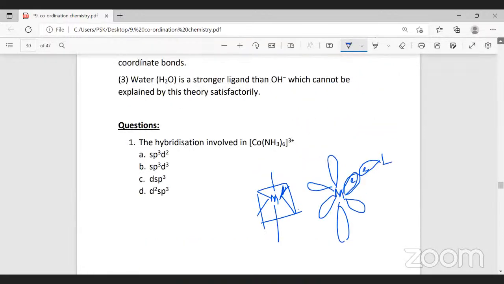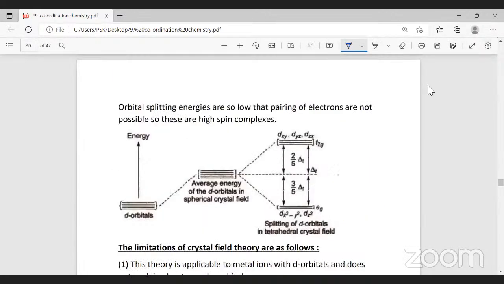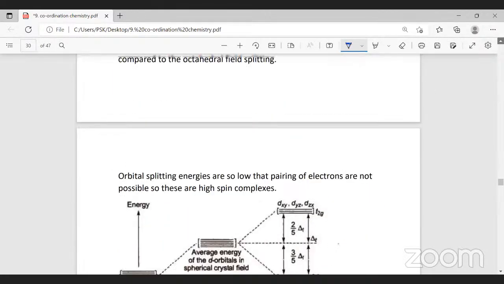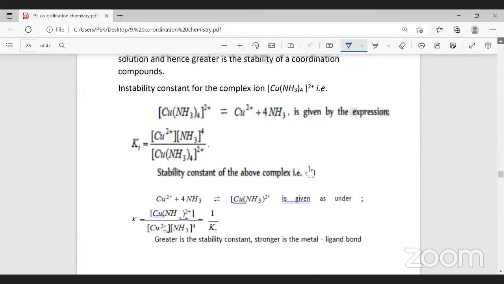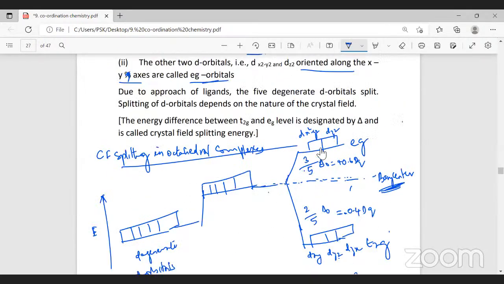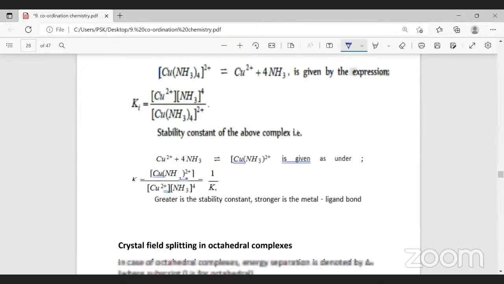Therefore, in the case of an octahedral complex, these 2 orbitals will get to a higher energy. That means the ligand will approach directly on the axis of dx square minus y square and dz square. Therefore, the energy will be more, and they go to a higher level.